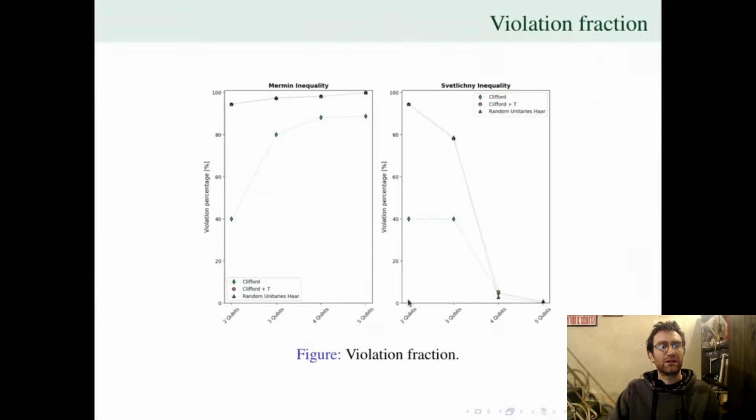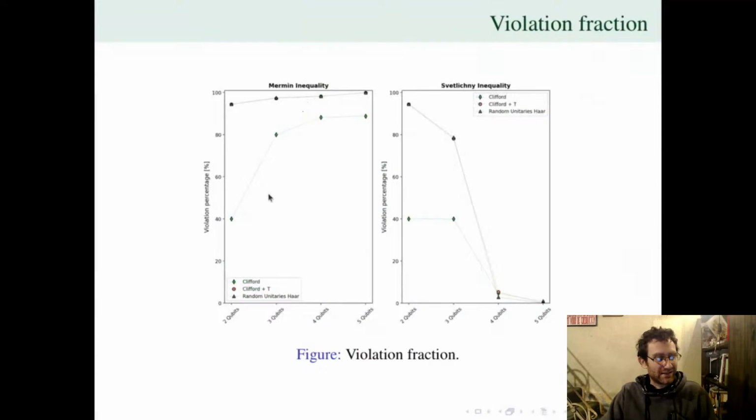This is the violation fraction of the Svetlichny inequality as the number of qubits grows. This means that the relative volume of the set of states violating this particular inequality drops to 0 when the number of qubits grows. Notice that if we don't use the Svetlichny inequality, which is a genuine multipartite non-locality inequality, and we use the Mermin inequality instead, then the fraction will not go to 0.